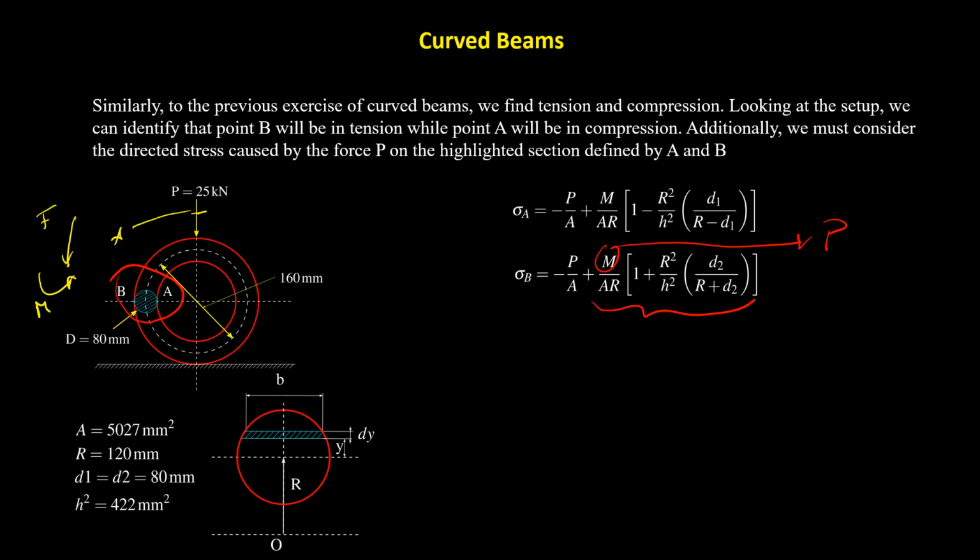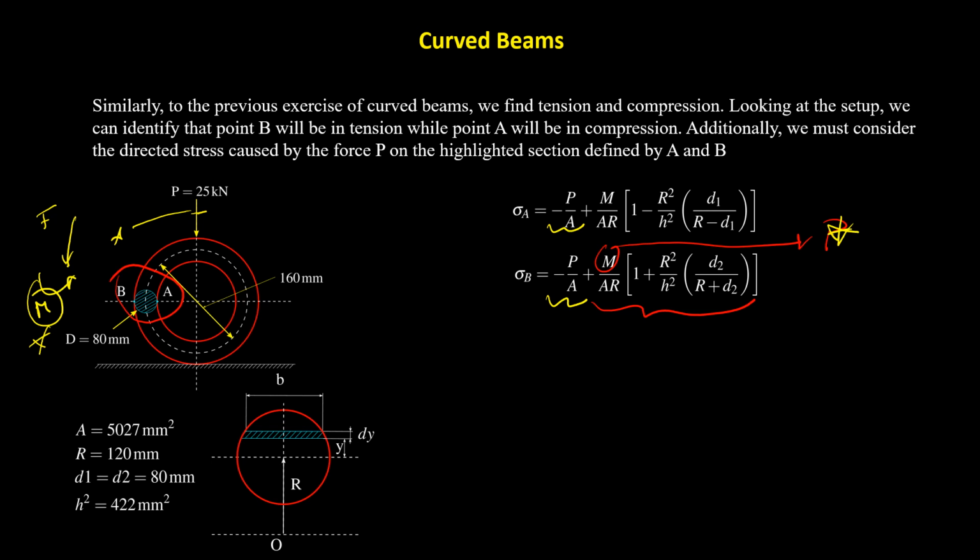Now, this moment is the one that I'm going to use for the Winkler-Bach theory, meaning that this moment is the one that I'm going to introduce here. However, as I have a force applied on that section, on that area, this force is going to cause a stress. And in this case, for either point A and point B, the stress is going to be a compressive stress. That's why this appears here.